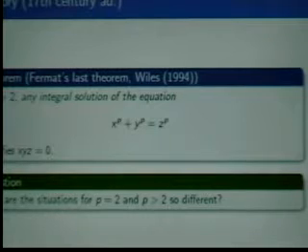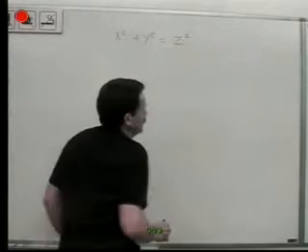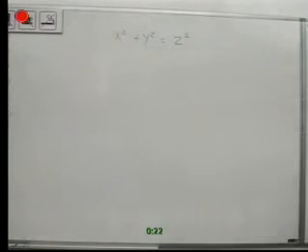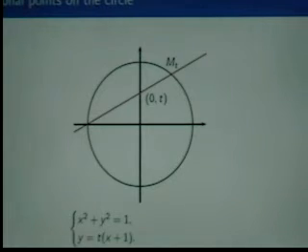If you look at the equation x squared plus y squared equals z squared, with x, y, and z integers, then of course you can divide by z squared, and you find a rational solution of the equation x squared plus y squared equals 1.